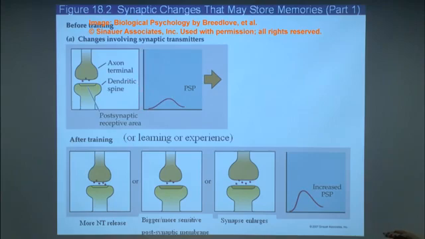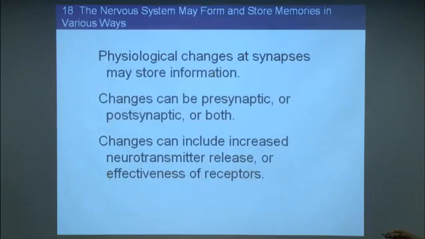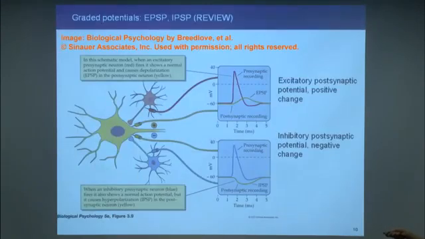We're measuring, remember, this is a slide from the previous sections. We're measuring the postsynaptic potential here, the yellow, in millivolts going up. We start at negative 60 millivolts, the resting potential, and an excitatory postsynaptic potential brings the membrane potential closer to zero or above zero.